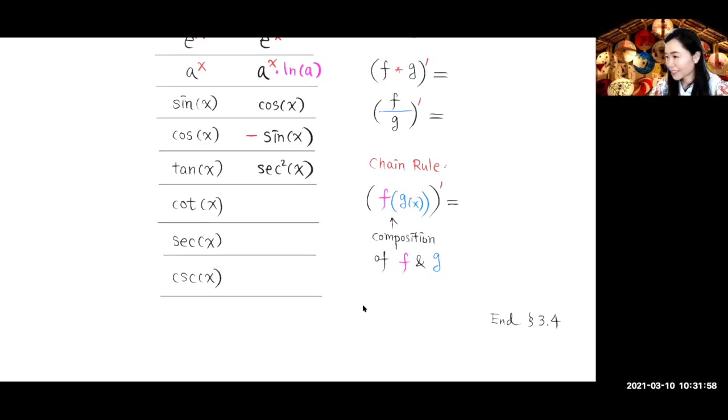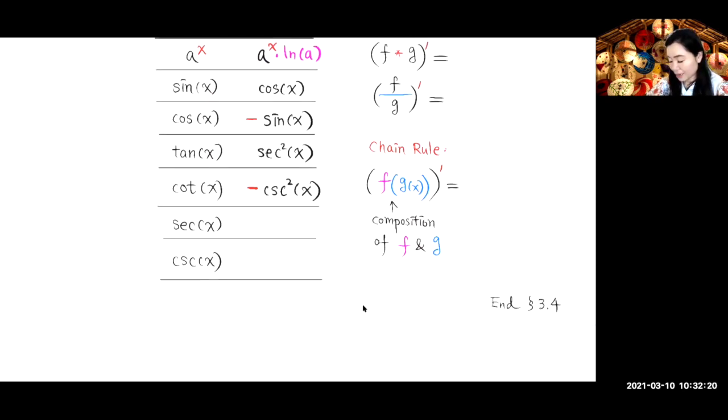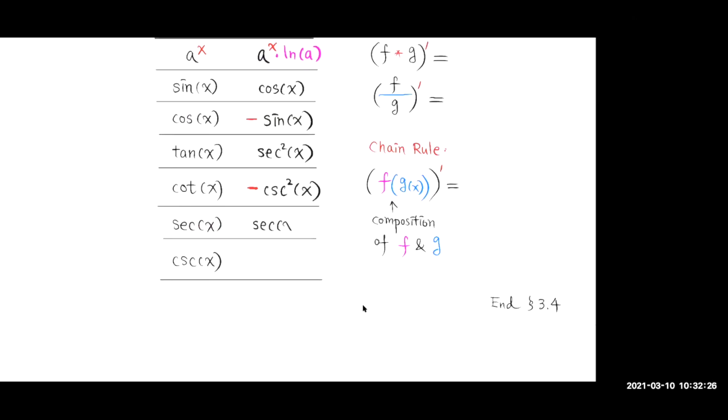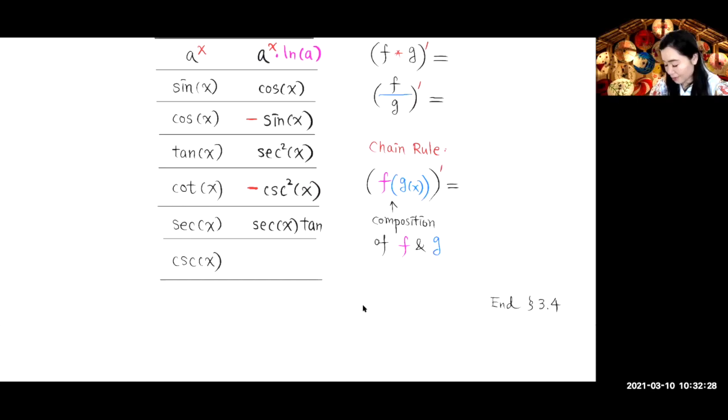Cotangent x: negative what? Think about the cofunction of this. What's the cofunction of this? Cosecant, right? So negative cosecant squared of x. What about the derivative of secant of x? Secant x times tangent x. Good job.